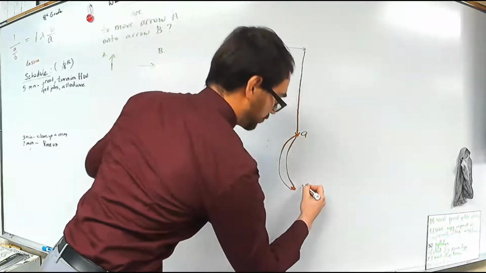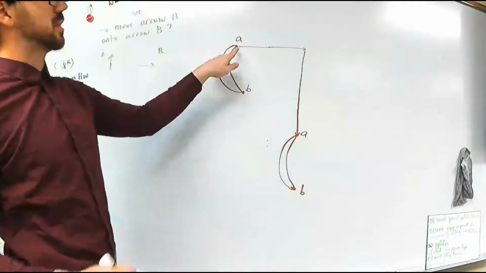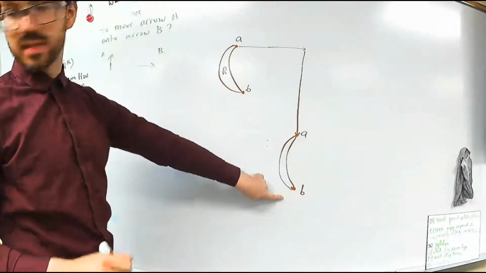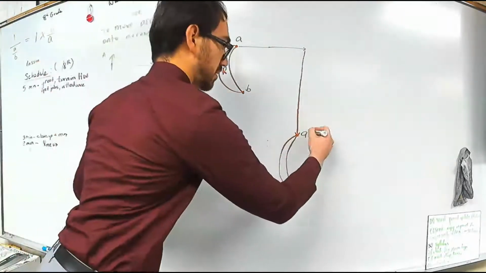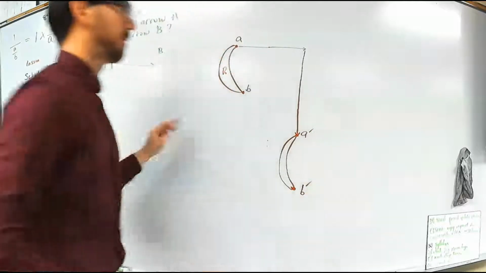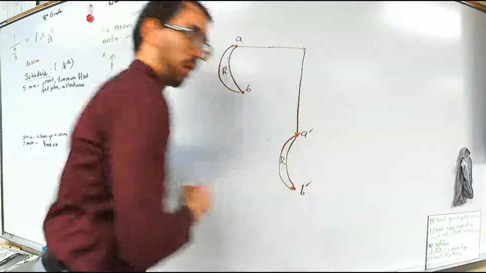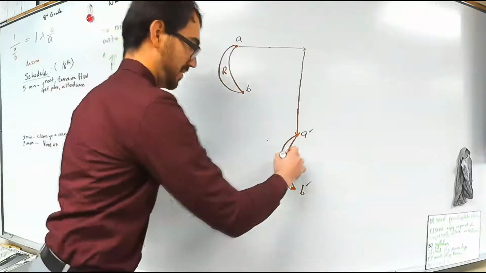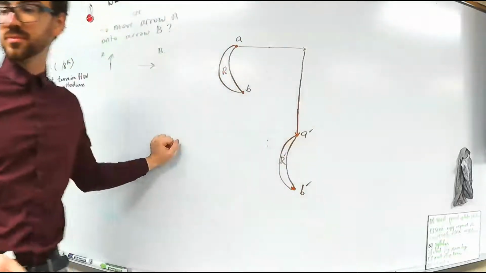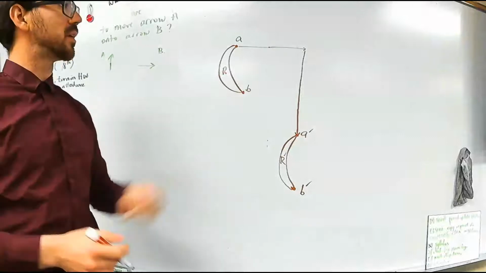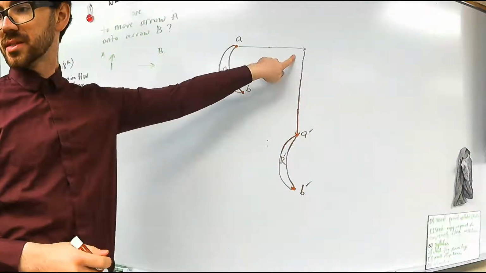So now I'm going to relabel it. Since I moved A and B, these points down here, they're now marked A prime and B prime. Okay, and even my new shape can now be called shape R prime. Okay. And then our vector we symbolize as this.